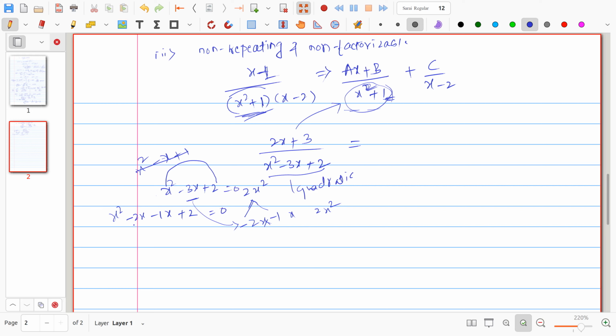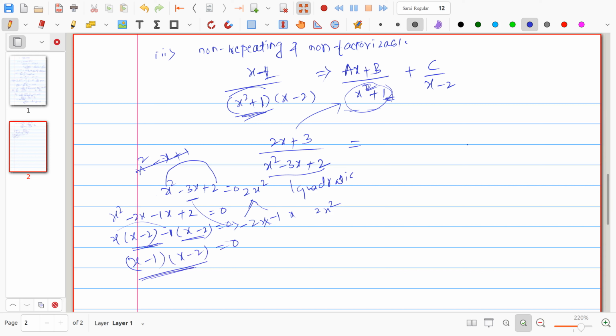This is equal to 0. I will take x as common, and then x minus 2 comes, and here I will take minus 1 as common, so it comes as x minus 2 equal to 0. So what is the common term here? x minus 2. So we get x minus 1 and x minus 2 as factors.